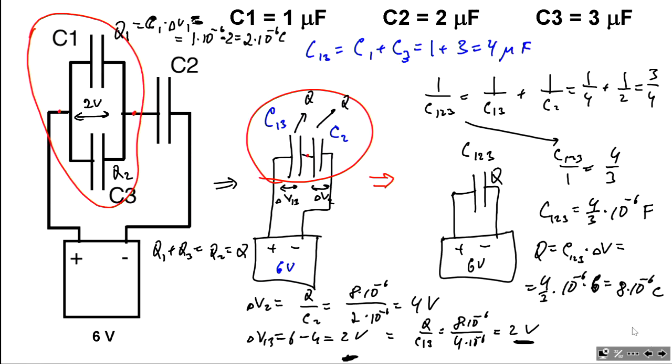The battery provides the voltage across the whole system, which splits between the individual capacitors. So voltage 1 plus voltage 2 together should give the total voltage. So I used it backwards, because I know the total and I know this one. I got that one.